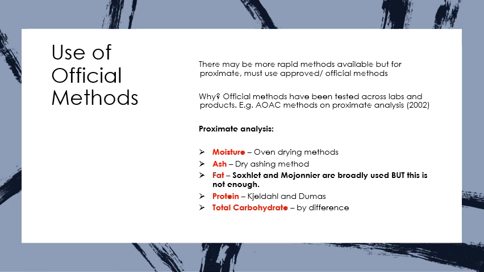Okay. For proteins, we can measure the crude protein content in food. Normally, the methods that we use here, Kjeldahl and Dumas, are based on the nitrogen content, because if you look at the elemental composition of the major components of food, proteins are the only components that contain nitrogen in their chemical composition.